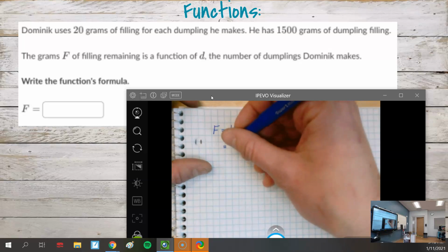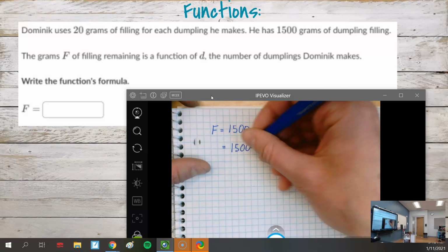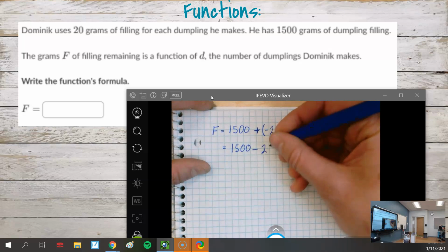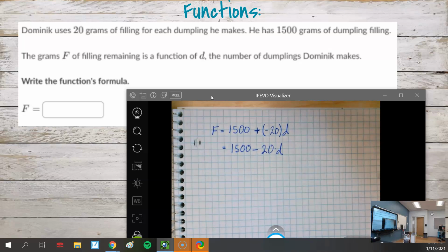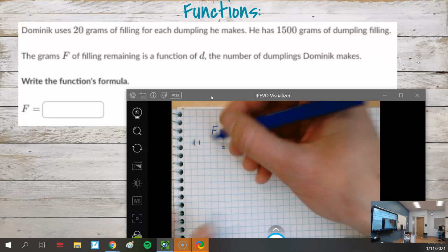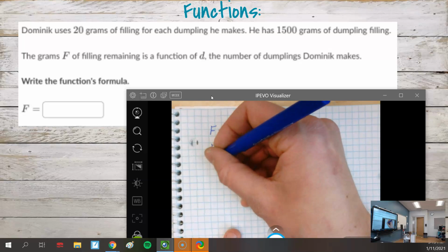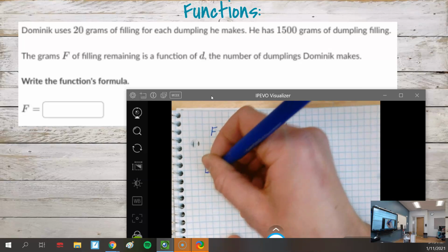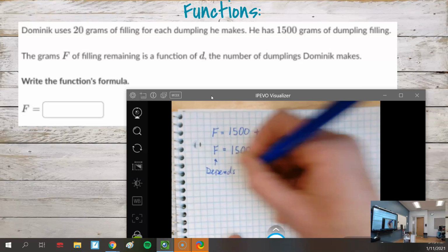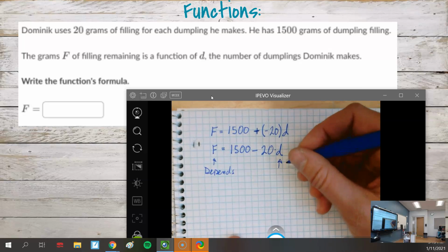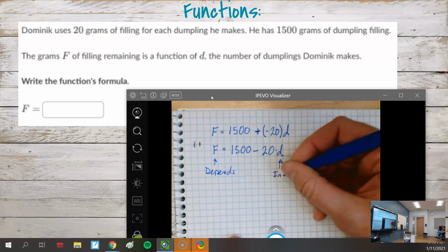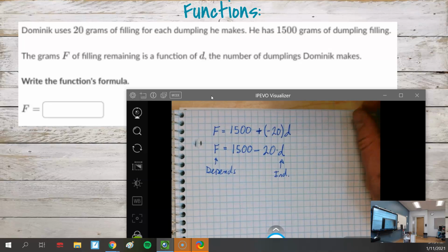So if we want to write it in the quote-unquote simpler way, it'd be 1,500 minus 20 times D. You always want to ask yourself, what is the dependent variable? What is the independent variable? The amount of filling depends on how many dumplings we make. So dumplings is our independent variable.